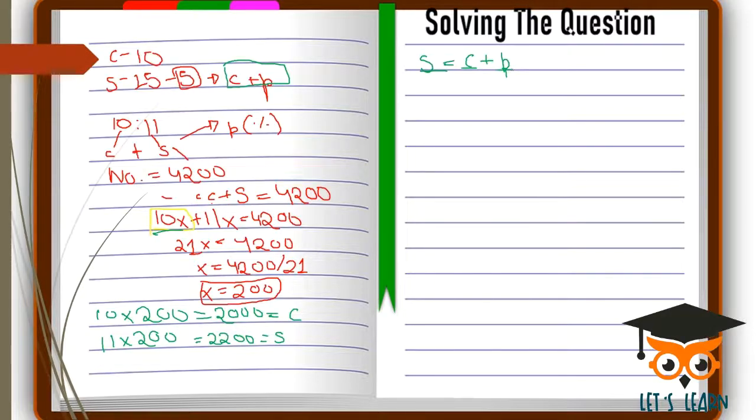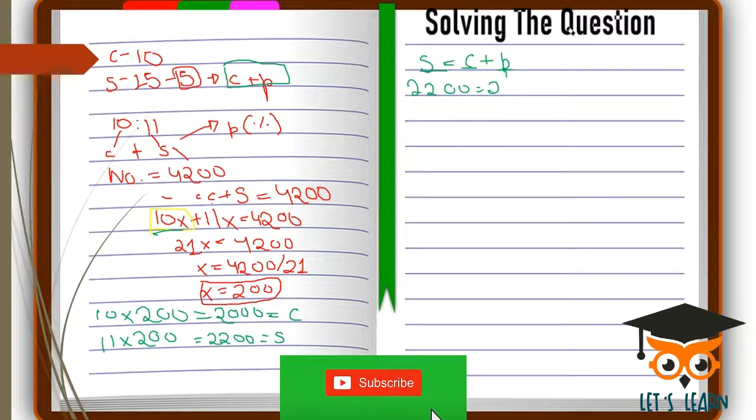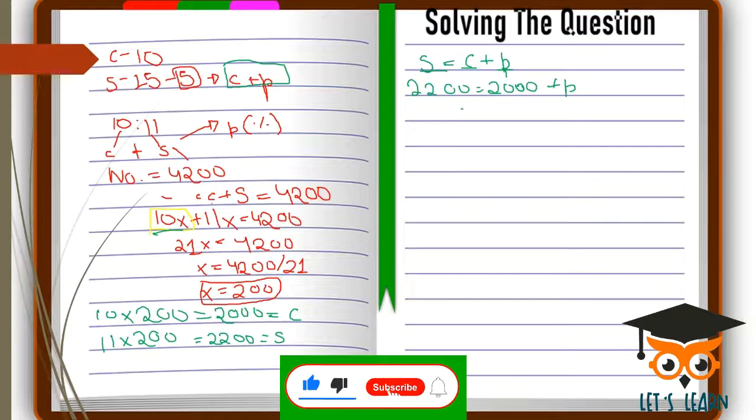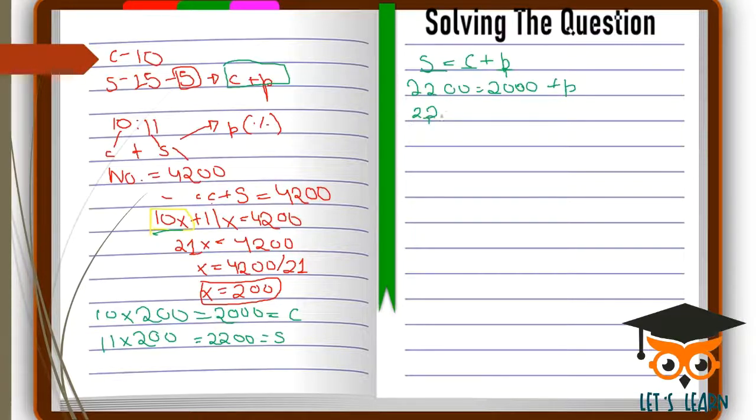So for finding the profit, we put the values: 2200 equals 2000 plus P. So 2200 minus 2000 equals P, that is 200. So the profit is 200.